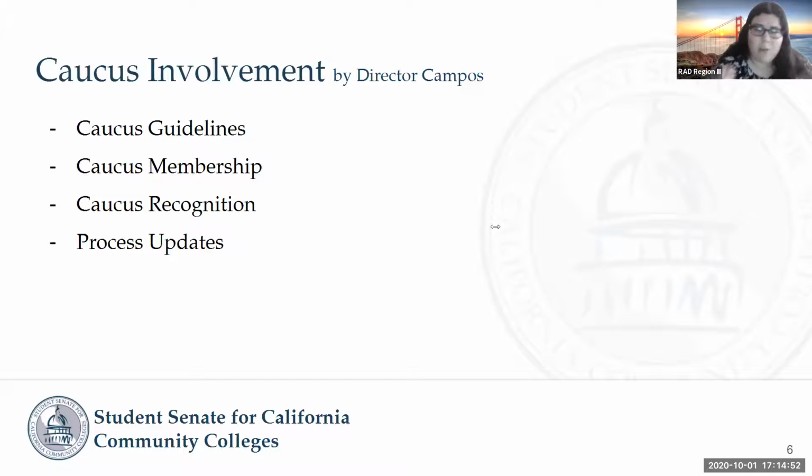The reason we're changing all of the guidelines and the membership and recognition processes is because we want to ensure that the process is streamlined and that there isn't any question or concern about the way it's handled. I can also field any questions, or if any of the other panelists want to talk about their experiences with the caucus recognition process or membership, that would be great.